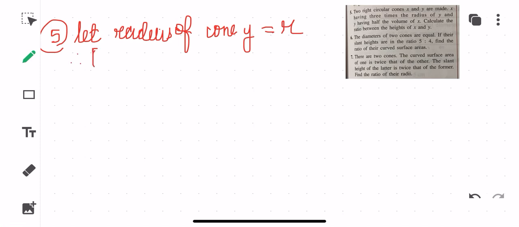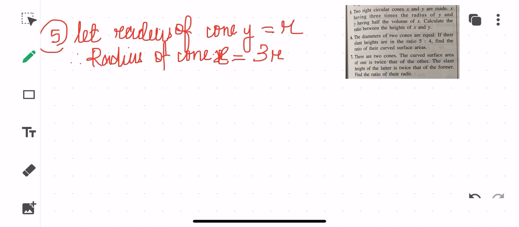Therefore radius of cone x will be equal to how much? Radius of cone x is equal to 3 into r. Okay, so this is what you are getting, that the radius of y is r, and for x it is equal to 3r.